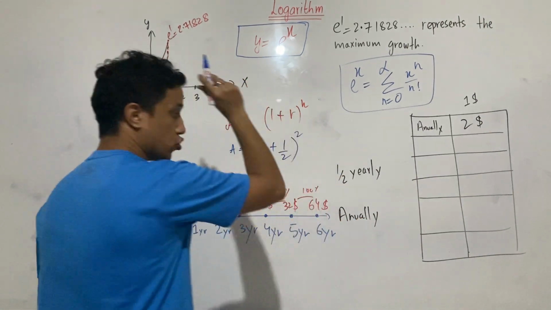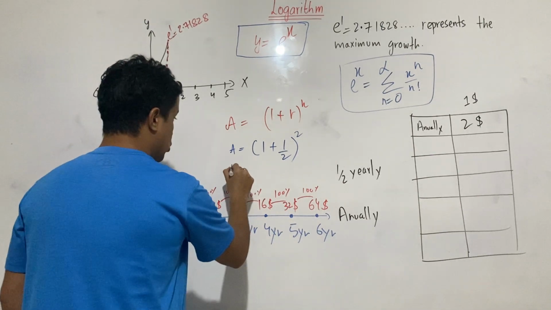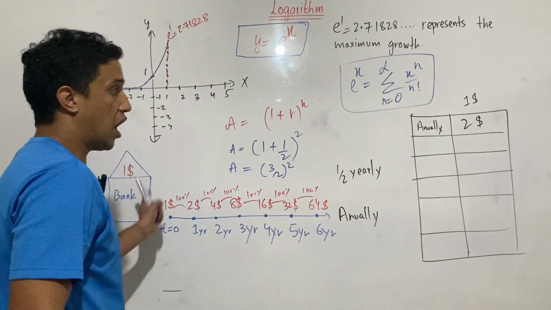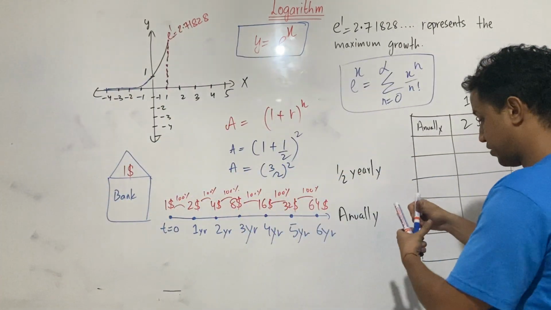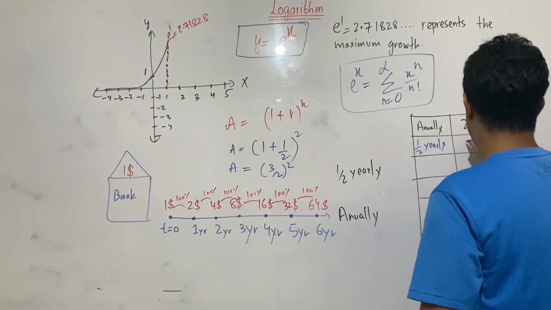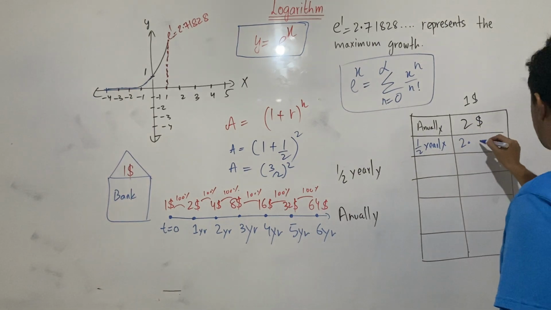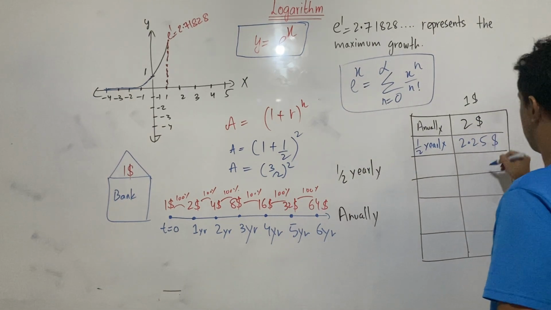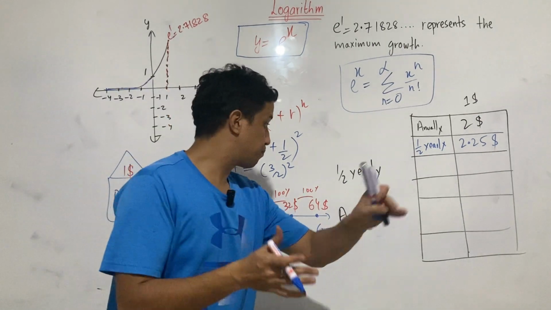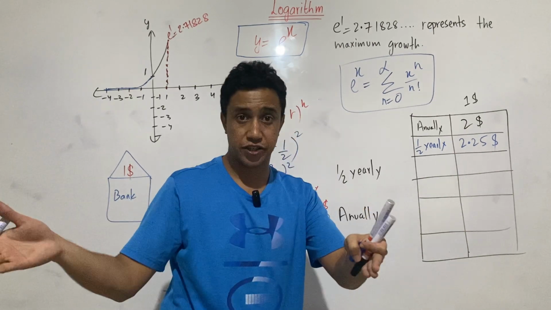So it's going to be 2, and when you solve it, 3 by 2 squared. This is half yearly. It's going to be almost $2.25, because they did it half yearly, after 6 months, then after 6 months.